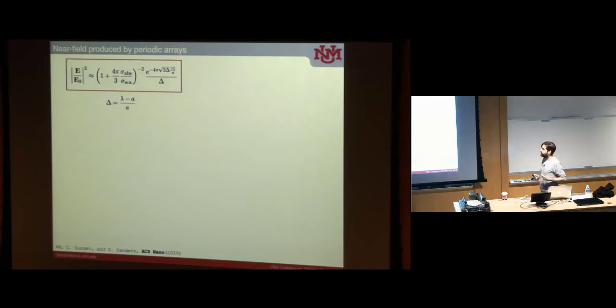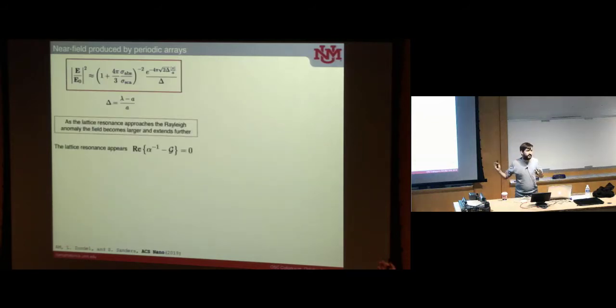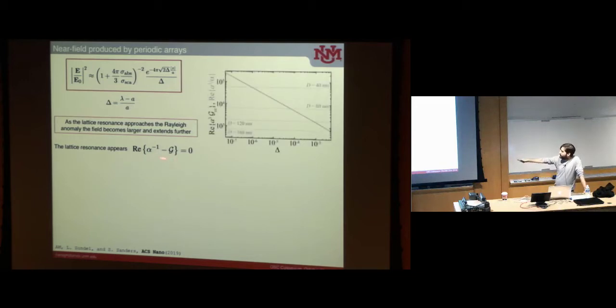Okay, now the question is how we move the resonance closer to the Rayleigh anomaly. Well, we know that the resonance comes whenever this factor becomes 0, when the inverse of the polarizability is equal to the lattice sum. We know that as we approach that Rayleigh anomaly, the lattice sum essentially goes to infinity. So if we make the particles smaller and smaller, the polarizability becomes smaller, and the inverse of the polarizability becomes larger.